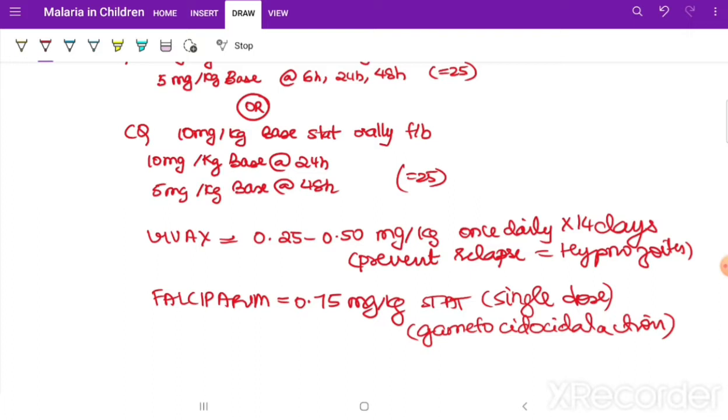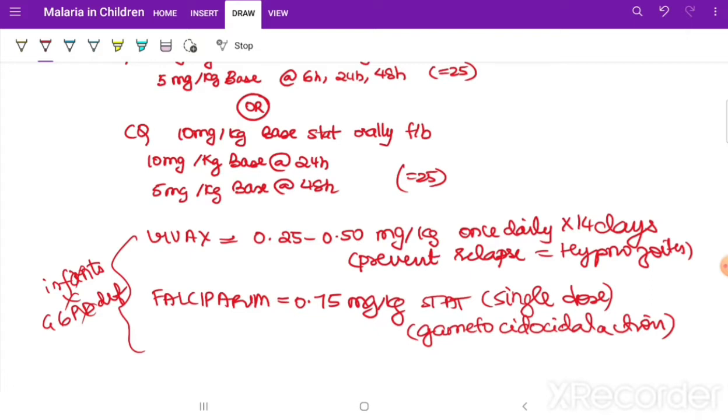Now, primaquine is contraindicated in infants, and in one more, G6PD deficiency. You should not give it. An interesting point is, if there is vomiting within 45 minutes of taking chloroquine, you can repeat the dose with an antiemetic. And it's better to give this after the meal and when afebrile.